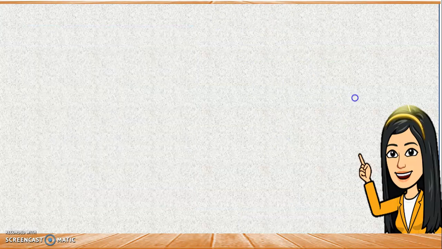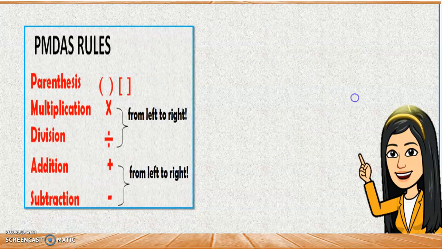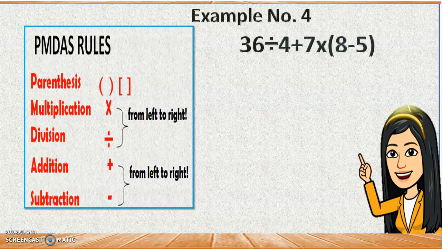I'm going to give you another example. Example number 4. Okay, this one is the equation: 36 divided by 4 plus 7 times, open and close parentheses, 8 minus 5.